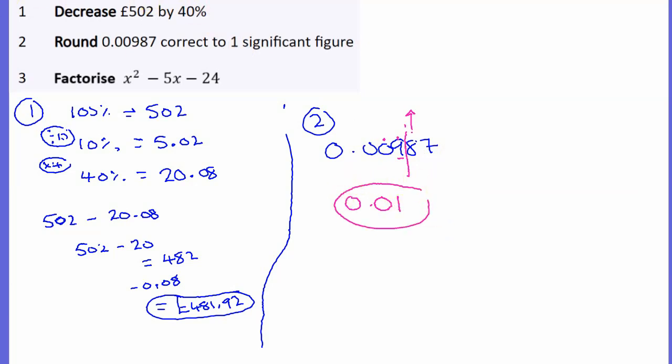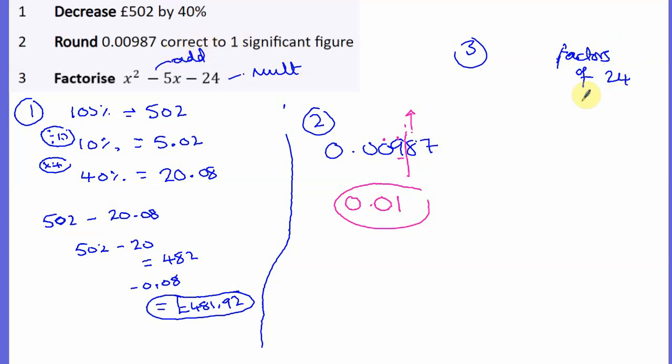And then question 3, we are looking to factorize. So we need to find our factors of 24. Because remember, we need to multiply to make this number and add to make this number.